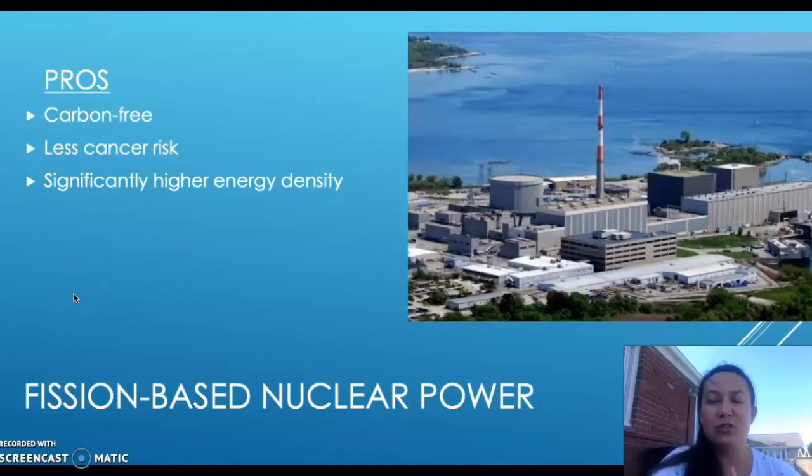Compared to traditional fossil fuels, fission-based nuclear power has huge advantages. It's carbon-free. There's significantly less cancer risk from a nuclear reactor. You might have noticed this from Friday as well and been a little bit surprised. If you're thinking to yourself, why is a nuclear power plant less likely to cause cancer? Well, that's because for the people living nearby, all of that reaction is cooled by water that's contained within the reactor.